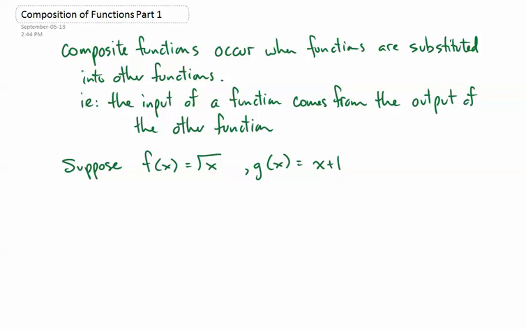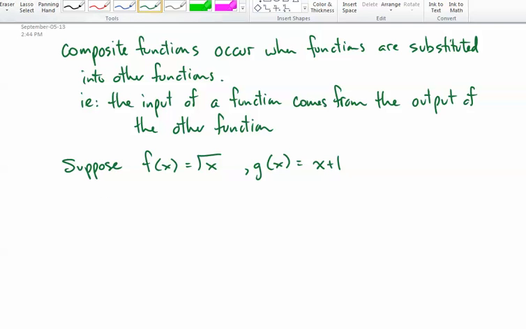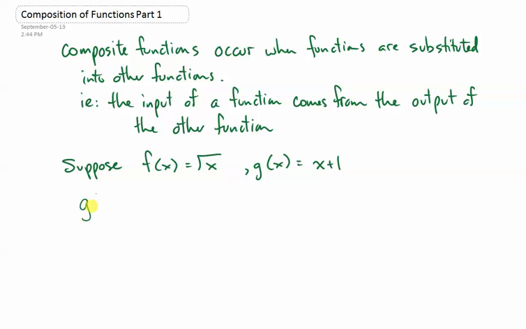Here's an example with a function f, root x, and g, x plus 1. I can say that, let me grab a pen, that g of 3 is the substitution of the number 3 into the function g and produces the result 4. I can also say that f of 4 is the substitution of the number 4 into the square root function, producing 2.